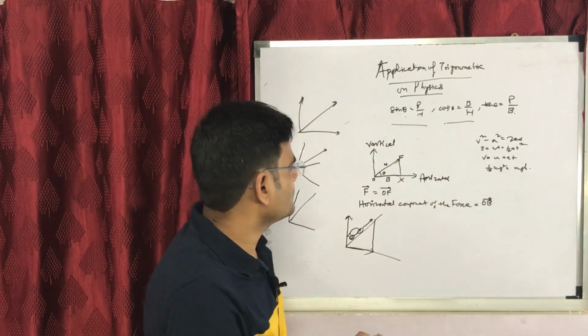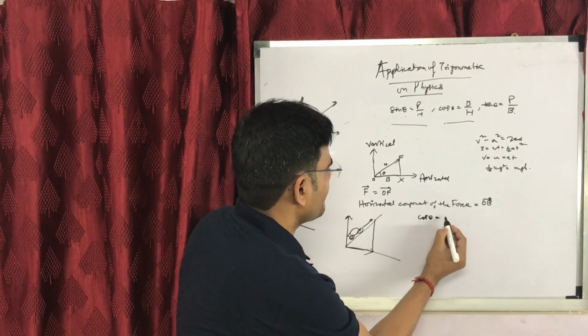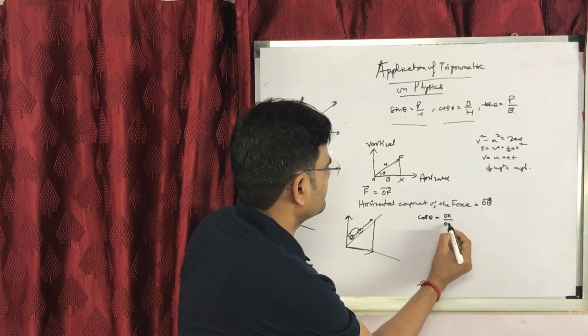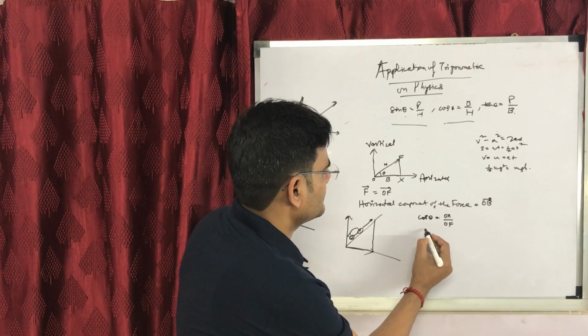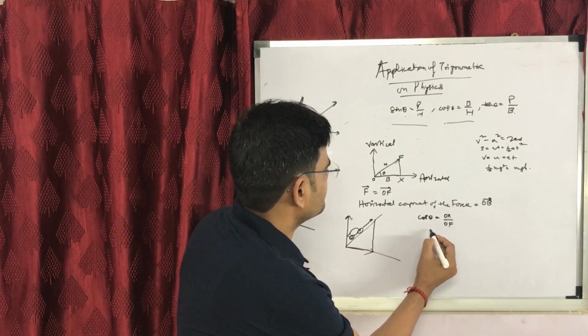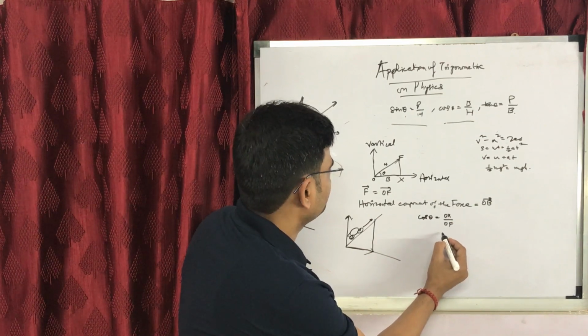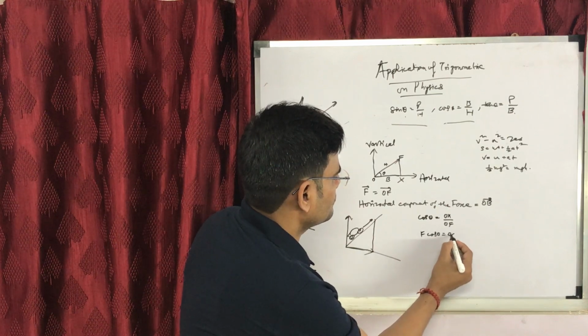So eventually what is the component? You know, cos theta is OX by OF. So cos theta is OX by OF, OF is force, right? OF, force, cos theta equals to OX.